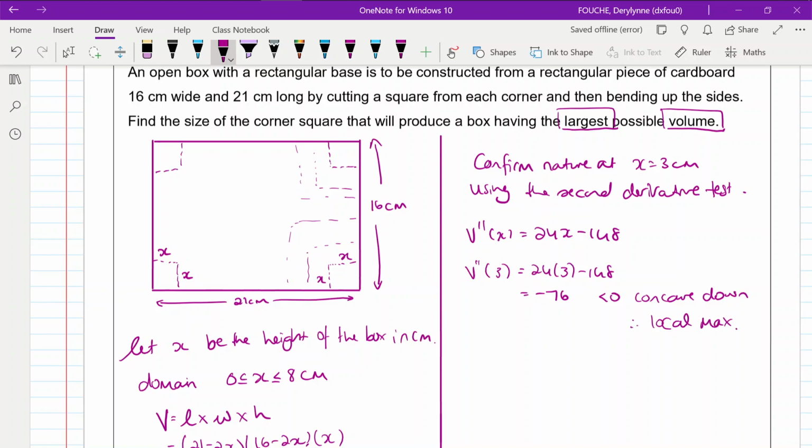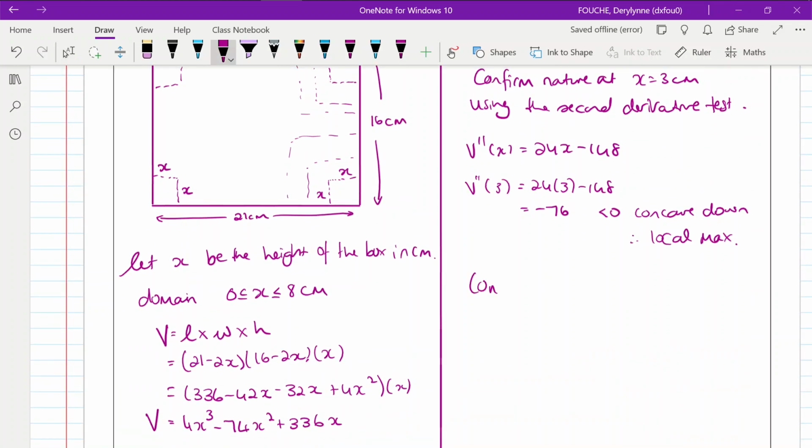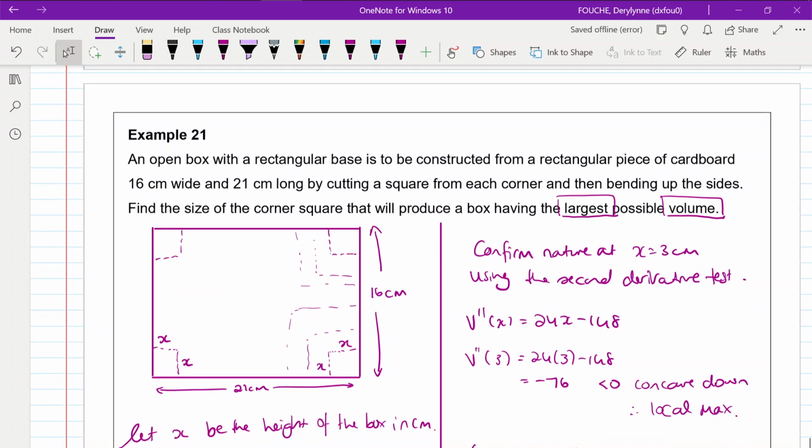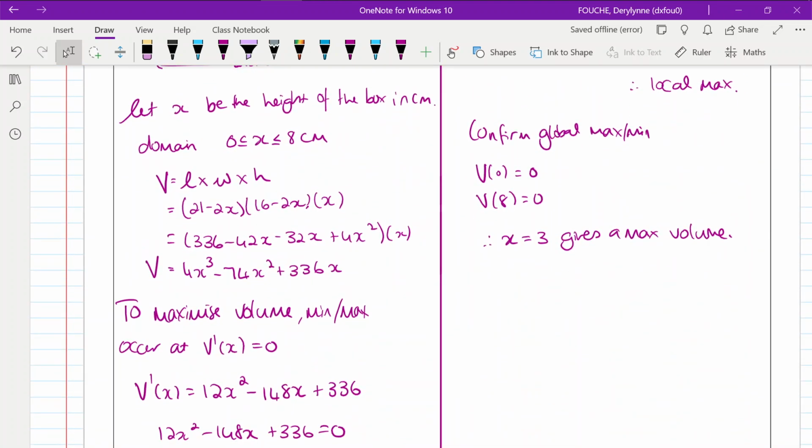Now, our domain goes from 0 to 8, so we can just confirm our global maxes and mins. V at 0 is going to be 0, and V of 8 is going to be 0. So therefore, x equals 3 gives a maximum volume, and usually they'll ask you to tell them what the volume is.